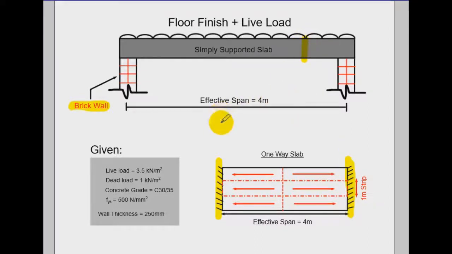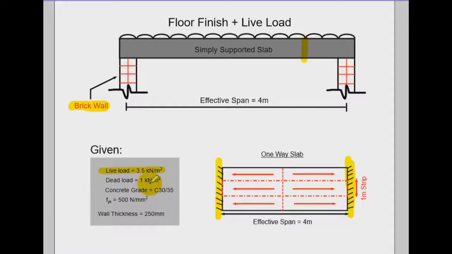If you look at this example, we have the live load here, given as 3.5 kilonewton per meter square. This is a floor load, and you can always refer to the Eurocode for the live load categories. We are also given the dead load, which is 1 kilonewton per meter square.